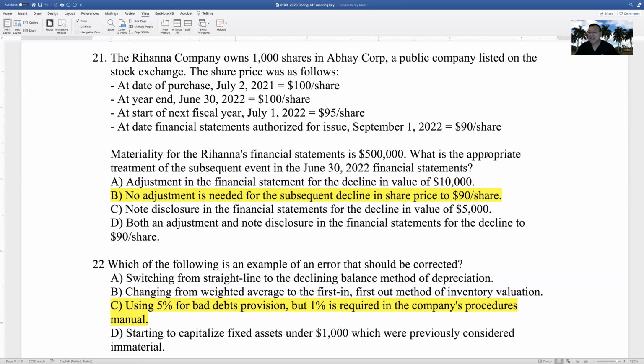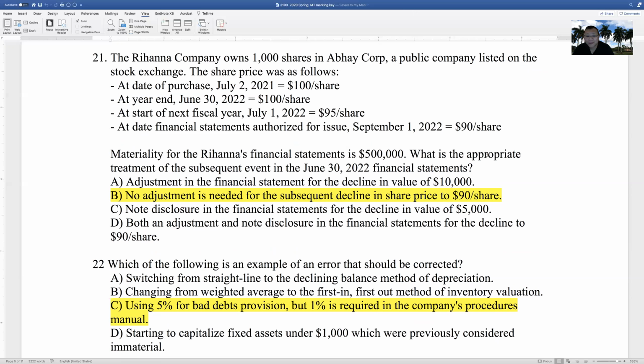At the start of next fiscal year, June 1st, $5 decrease in the share price. At the date the financial statements were authorized for use, September 1st, 2022, the share price has now decreased to $90, okay? So materiality for this company's financial statements is $500,000. What is the appropriate treatment for the subsequent event in the June 30th, 2022 financial statements?